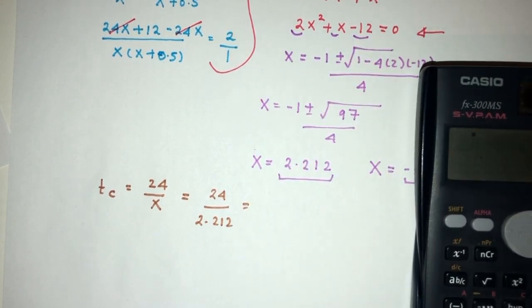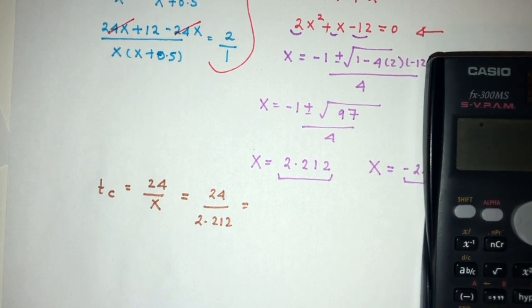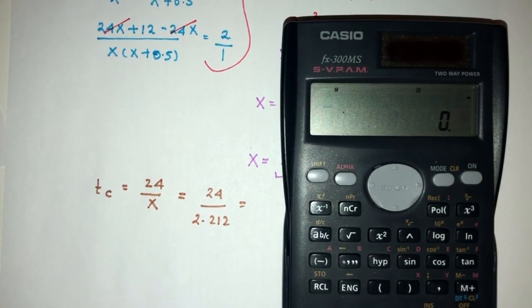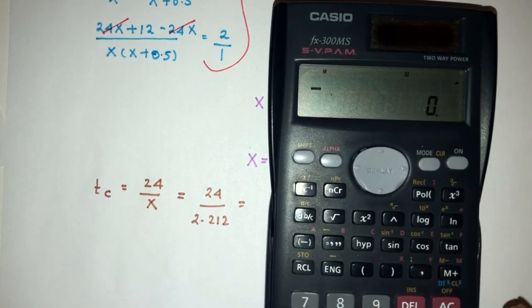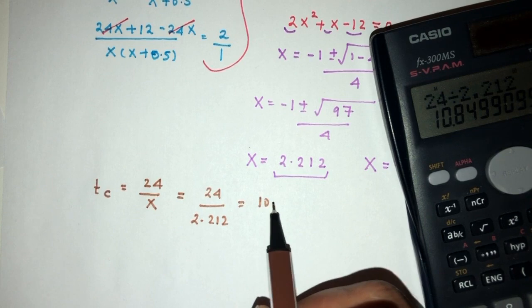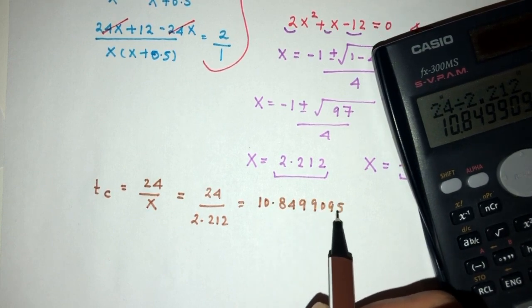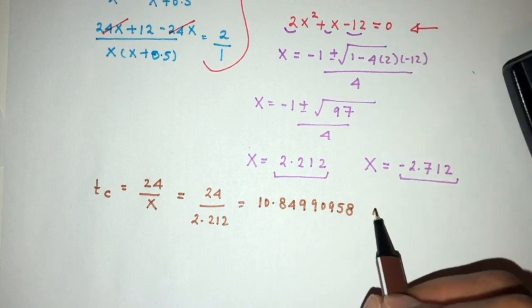Because x is the tons of oil it pumps, it can only be positive, it cannot be negative. So 24 divided by 2.212 will be 10.84990958. This is in terms of minutes.